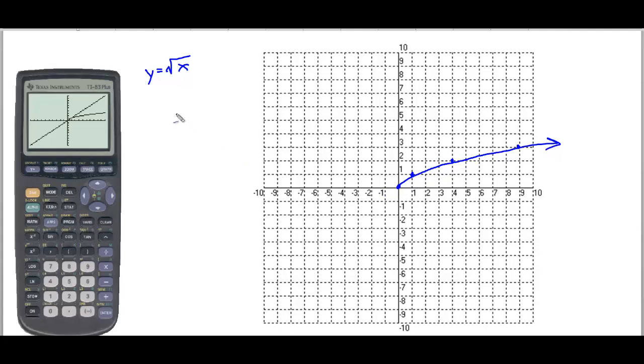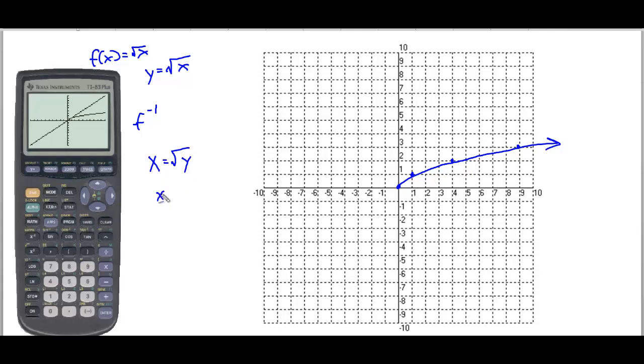Now that was my f of x right there. So my f of x is equal to the square root of x. So my inverse of f of x is going to be taking my y and my x and flip-flopping their positions. So I've got x is equal to the square root of y.